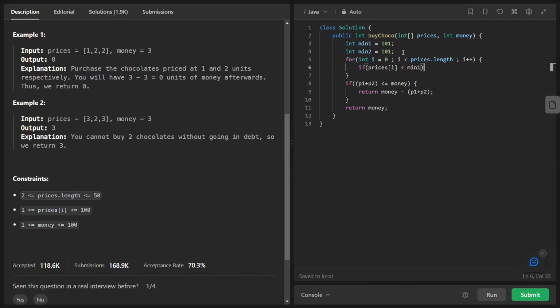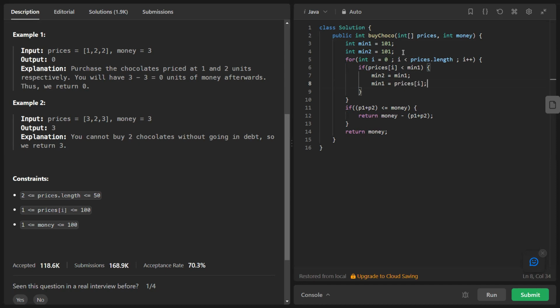If it is less than min1, then I will set my min2 to min1, and then I will set my min1 to the current value.